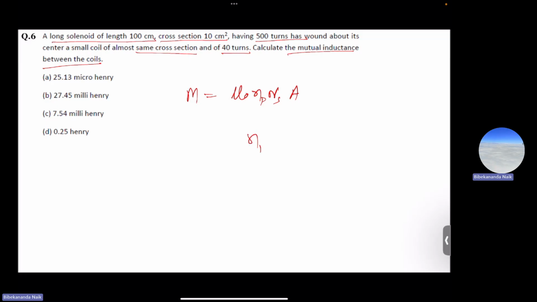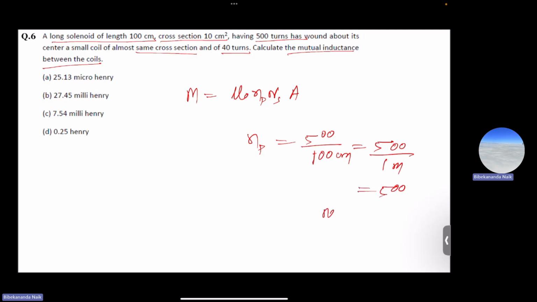So NP is 500 divided by 100 centimeter, so this is 500 per 1 meter, which is 500.